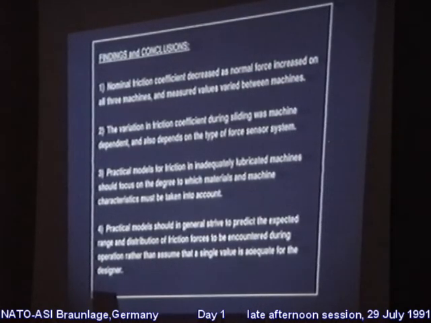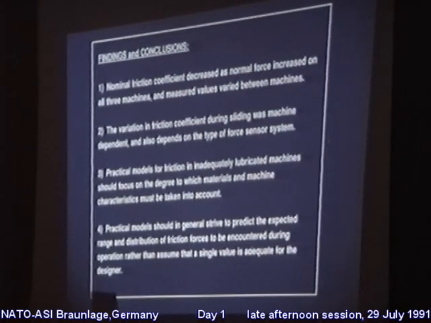So let me talk about four findings here. Nominal friction coefficient decreased as the normal force increased on all three machines, but the measured values varied between machines. The variation in friction coefficient during sliding was machine dependent, and it also depended on the type of sensor system that we used. And maybe that's a subject of more workshop discussion next week, Dr. Rabinowicz's workshop next week.